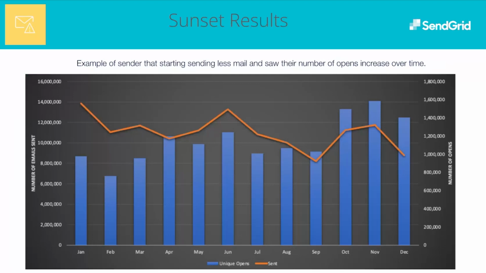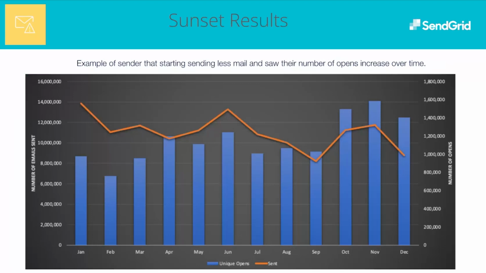But that's what happens when you repair your reputation. We're removing the inactive audience members, and in doing so, we're improving our chances of getting into the inbox with folks that are going to open our emails. We don't want to continuously send to inactive audience members and hurt our chances of getting into the inbox of folks that do open.